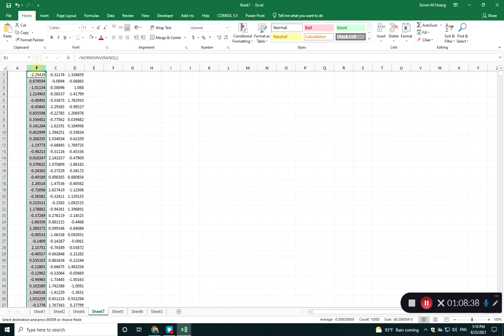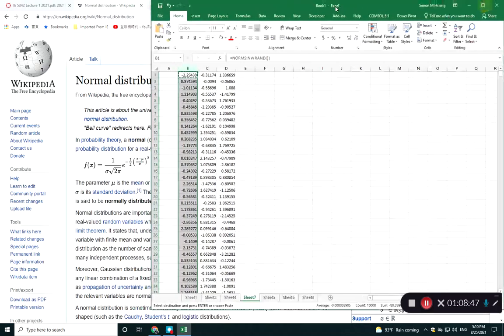So, people, if I ask you to plot the histogram of B column, that's one bell shape. I ask you to plot the C column, it's another bell shape. The E column is another bell shape.